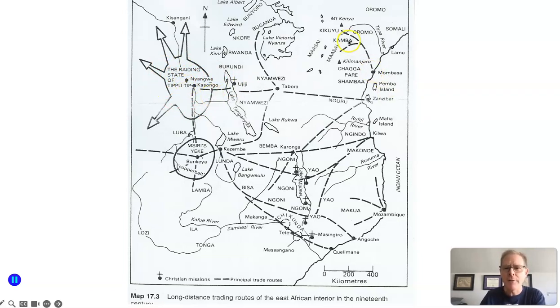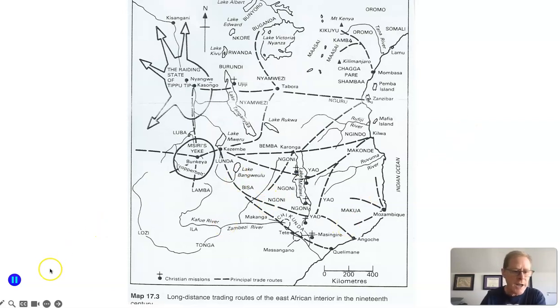Another trade route out of Mombasa, another from Zanzibar, cutting across the Rufiji River, and then from Kilwa down over here, and then trade routes from Mozambique, Angoche, and Quelimane, which were dominated by Portuguese, into the East African and East Central African interior.